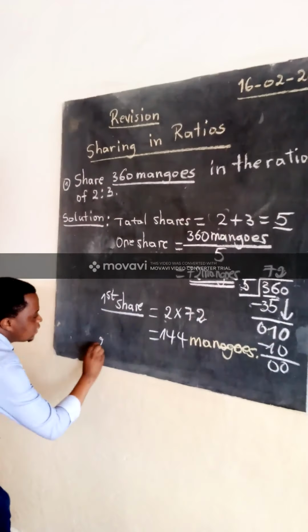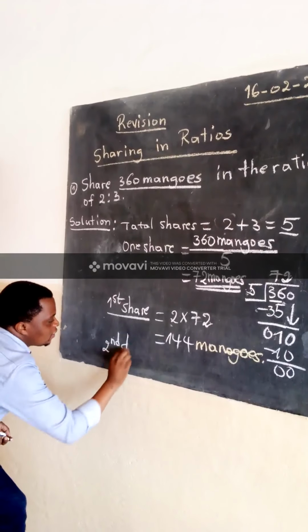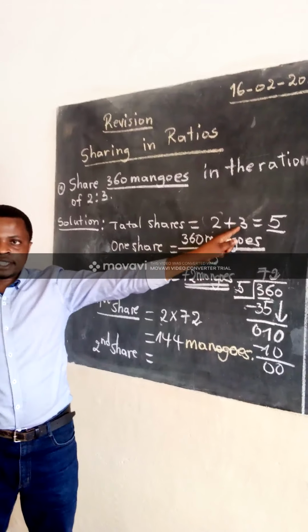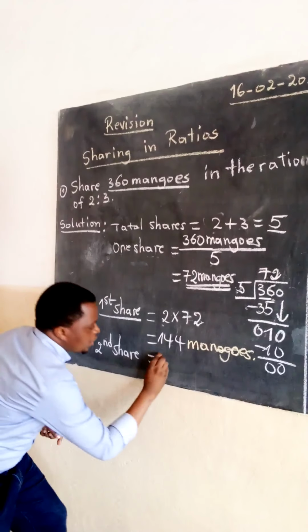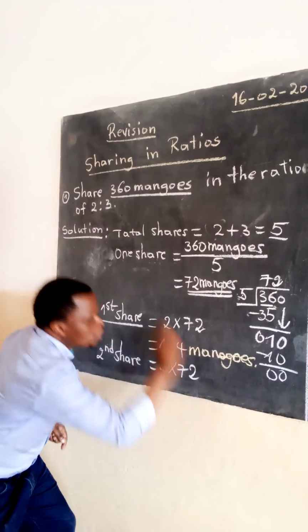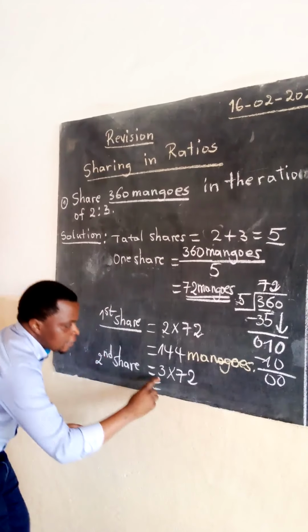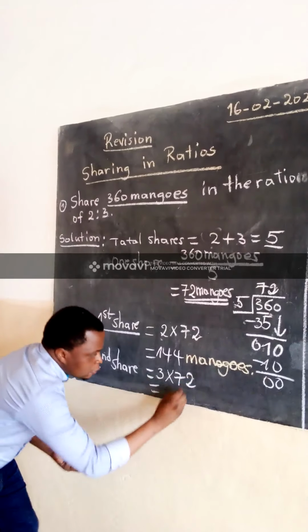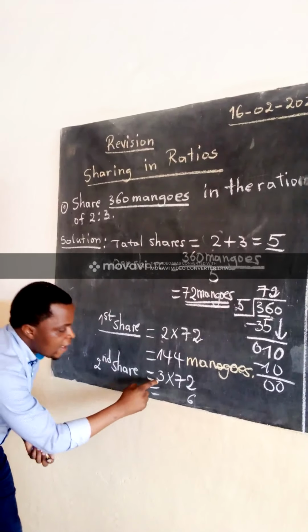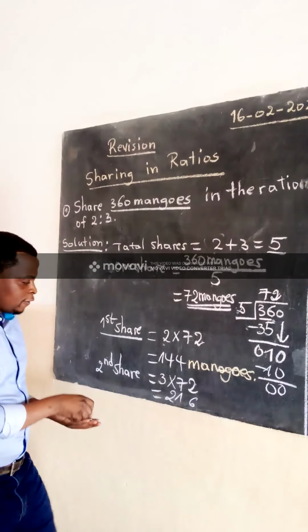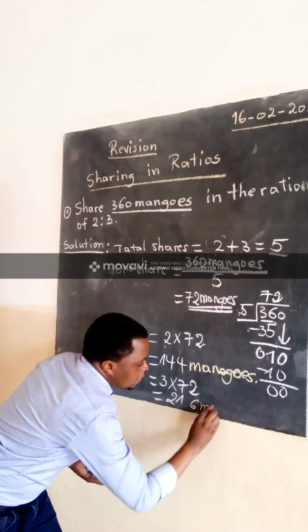Second share. For second share here we have 3 shares. Here we have 3 times 72 mangoes. To have now 3 times 2 equals to 6, and 3 times 7 equals to 21, whereby we have 216 mangoes.